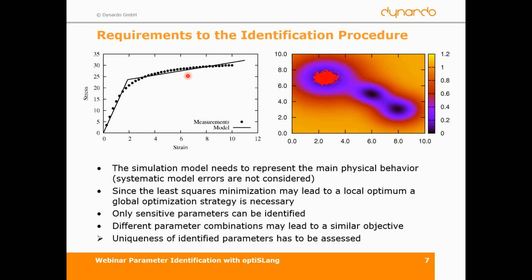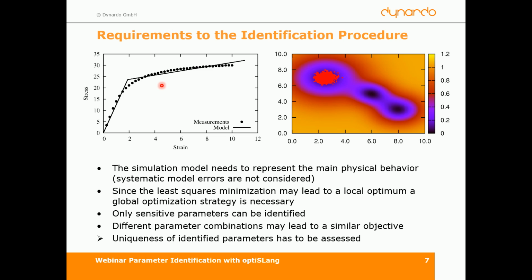But for real-life applications of this least square minimization, we have to fulfill some requirements. First, we must be sure that the main physical behavior of the experiment is really represented by the simulation. That means that maybe some systematic model errors in the experiment cannot be considered in the identification procedure.